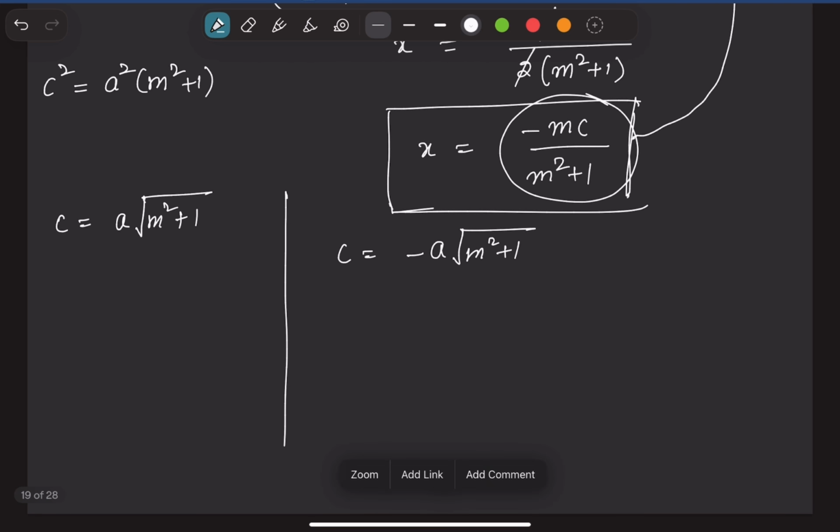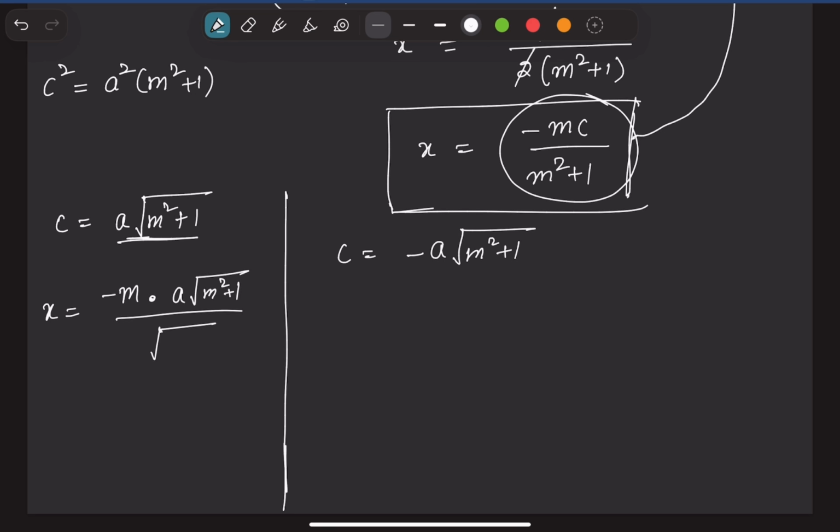Now if c is equal to this, then your x will be minus m multiplied by a into square root of m square plus 1 divided by square root of m square plus 1 whole square. So the denominator can be written as this. So this square and this term get cancelled. So x is simply minus am upon square root of m square plus 1.